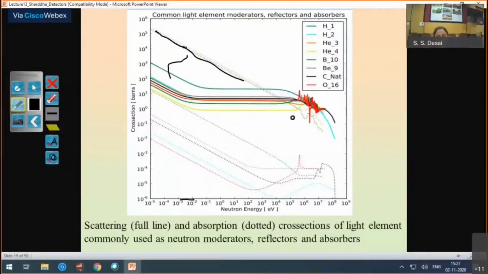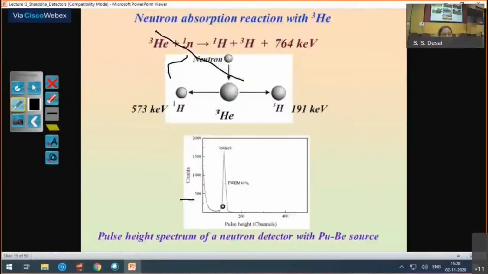At very high neutron energy, some resonances are seen, but we are not reaching there right now. So what we get here is that the neutron absorption cross section reduces with increasing neutron energy, and that is how we have to consider the neutron energy or neutron wavelength when designing any detector.